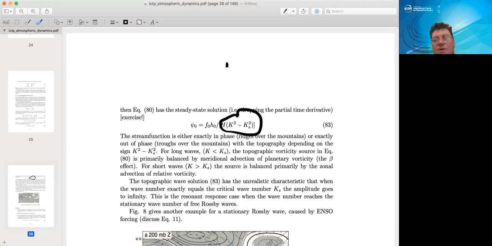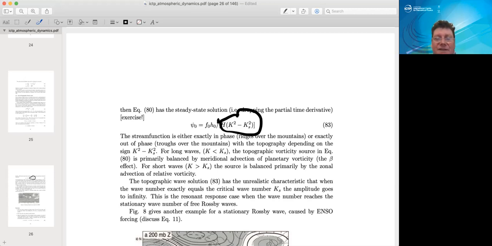And this is what is called resonance catastrophe. We are looking at a forced system, but there's no damping. We have just the mountain forcing, but in the atmosphere, we have considered the Euler equation, if you remember from the beginning, no friction, and so on.